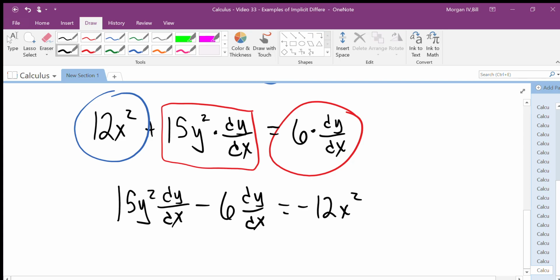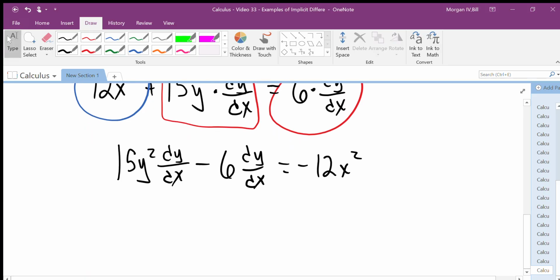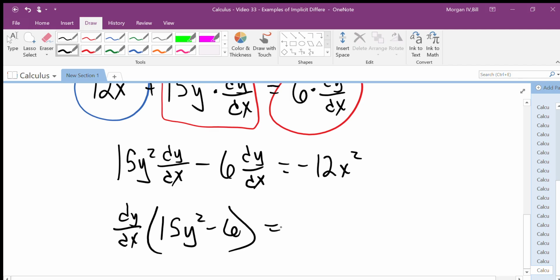All terms with dy dx on the left, any term without a dy dx on the right. Now we'll factor out that dy dx term that the 15y squared dy dx and the 6 dy dx have in common. And you might be tempted to also factor out a 3, since 15 and 6 have 3 in common. But right now I really just want to focus on factoring out the dy dx. So since both terms have a dy dx, I'm going to factor that out, leaving me with dy dx times 15y squared minus 6 is equal to negative 12x squared.